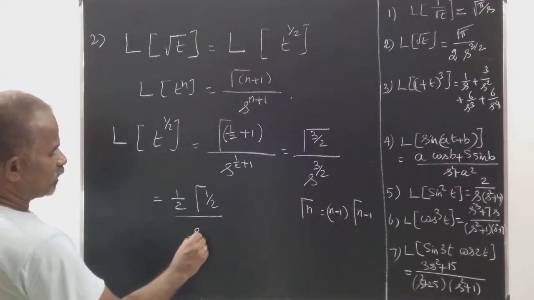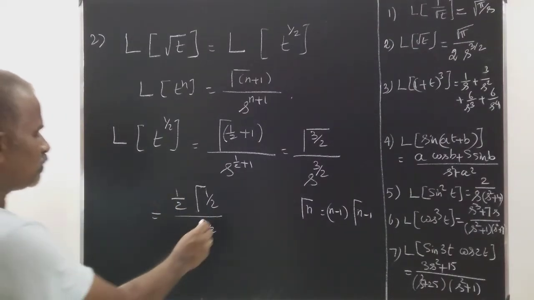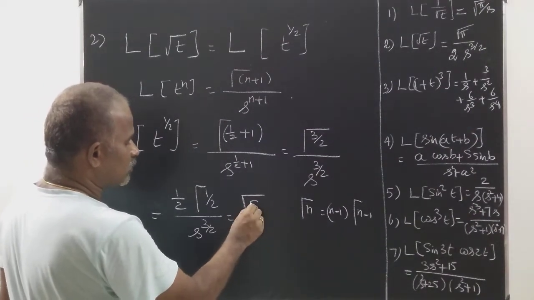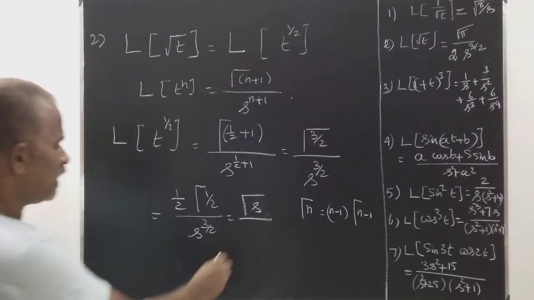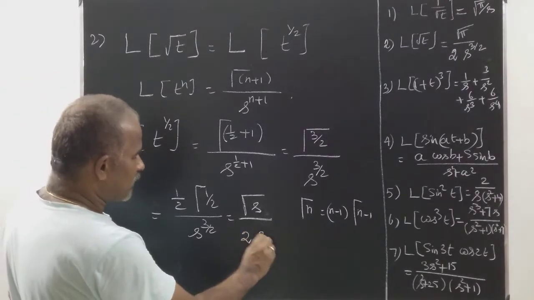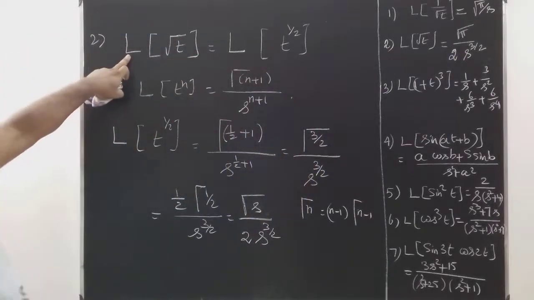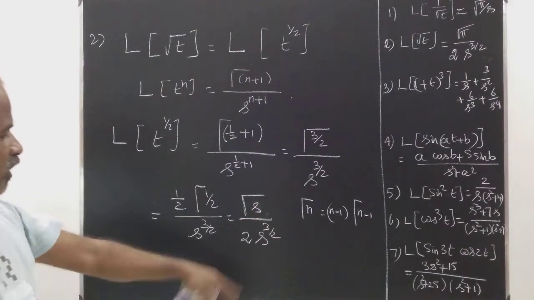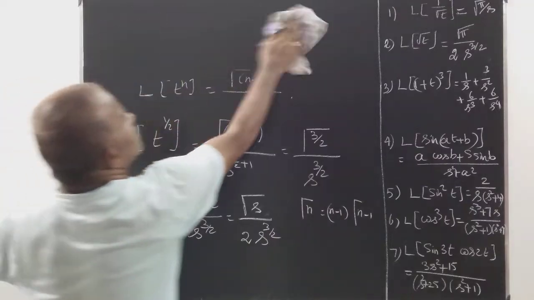So this is equal to, again I can say, square root of pi divided by 2 times s power 3 by 2. So therefore, Laplace transformation of square root of t is equal to square root of pi divided by 2 times s power 3 by 2. Okay.